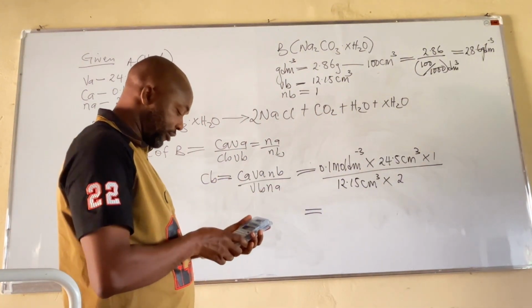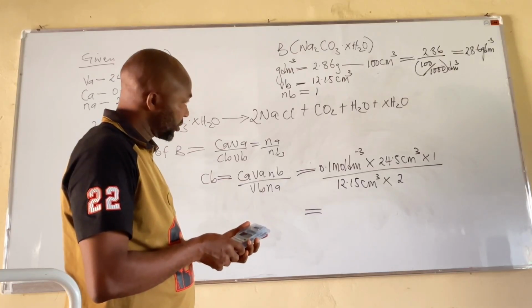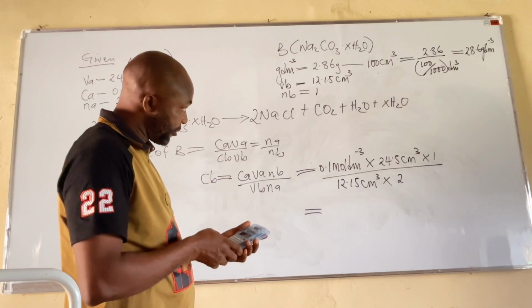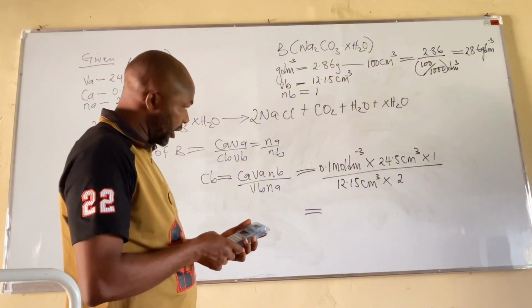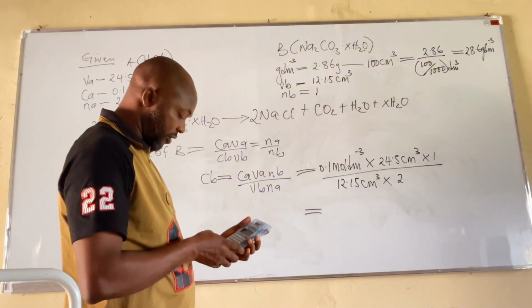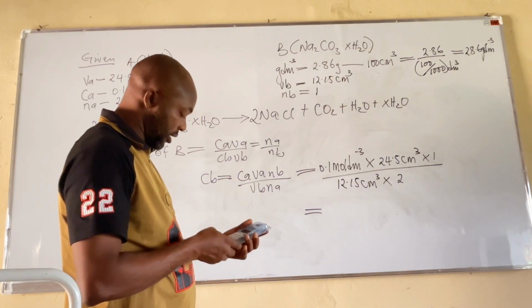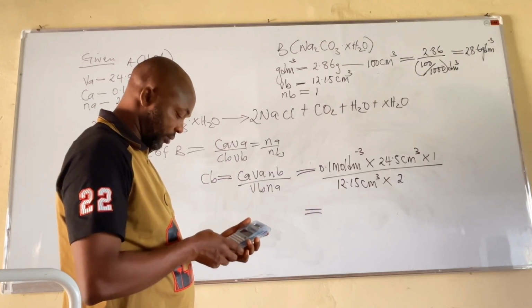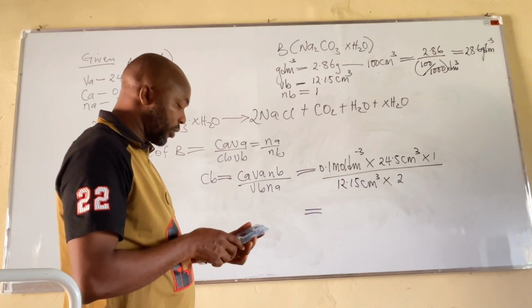So I have 0.1 times 24.5, divided by 12.15, divided by 2.